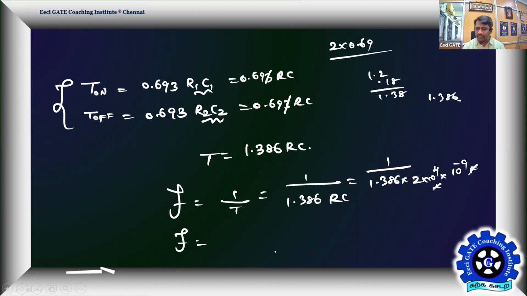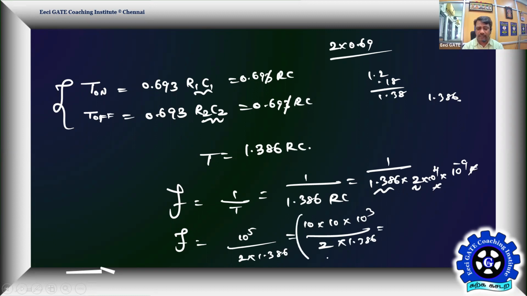So what's the number you're getting? 1.386 into 2, I'm making it accurate. 10 power 4 into 10 power minus 9 will be 10 power 5 in the numerator. So 10 power 5 divided by 2 into 1.386. It's going to be in kilohertz, so 10 into 10 into 10 power 3 divided by 2 into 1.386. 10 by 2 is going to be 5, so it's 50 by 1.386 kilohertz.